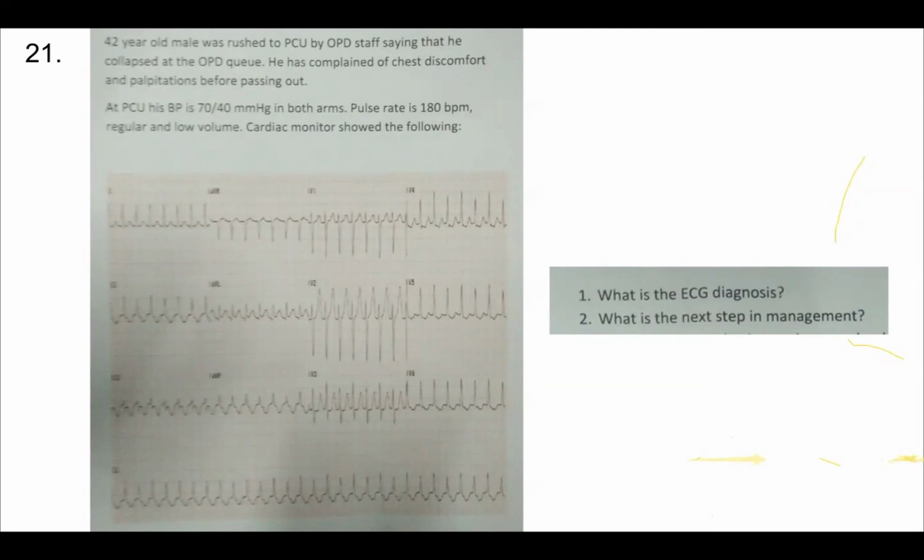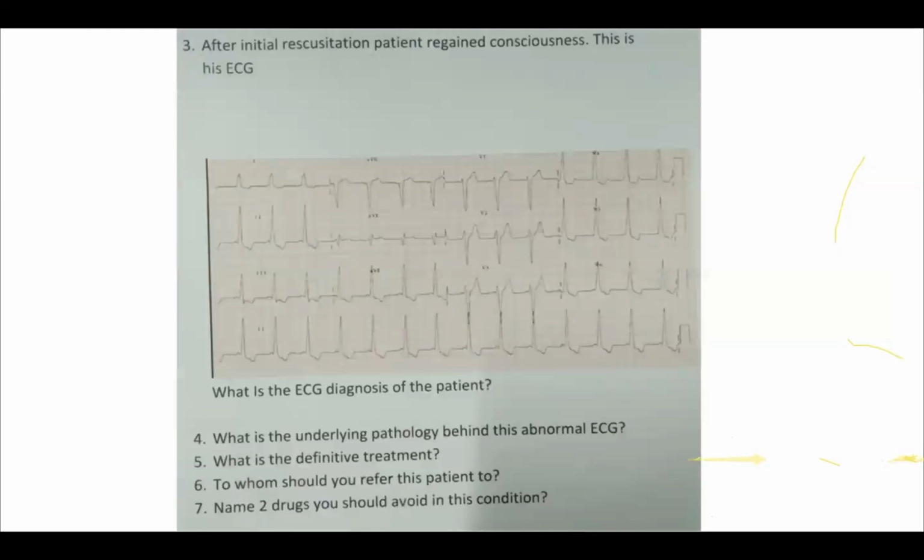CCB. Yes? CCB or beta blocker. Yeah, actually, these questions are not coming from cardiac electrophysiologists, no? So they are coming from the rest. So there's a problem in this question, right?